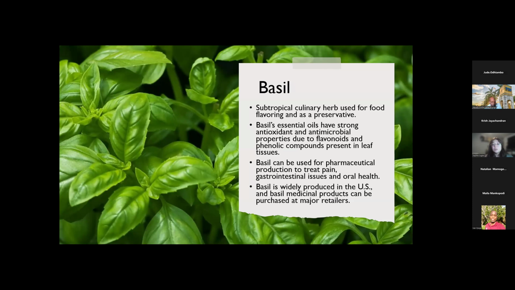Additionally, basil's essential oils have strong antioxidant and antimicrobial properties, due to a really high concentration of flavonoids and phenolic compounds present in basil's leaf tissues, some of which are linalool, eugenol, and anthocyanin.